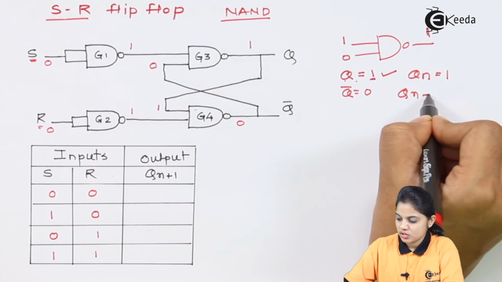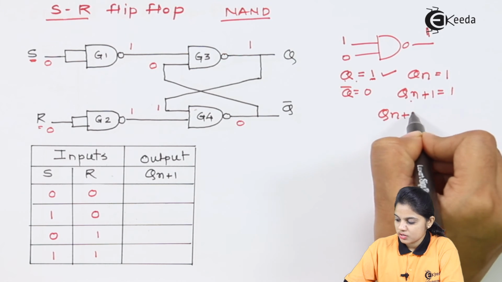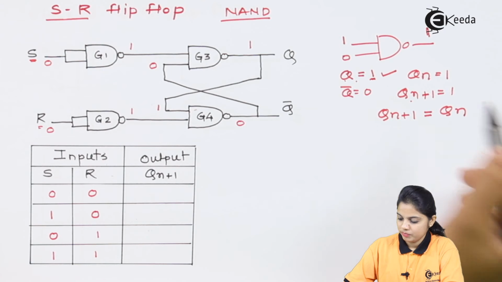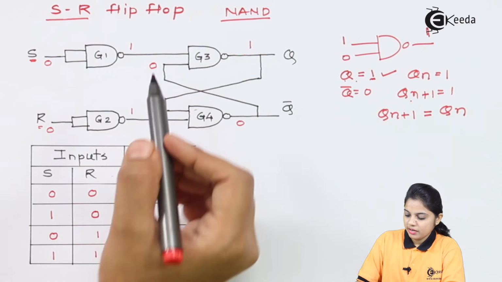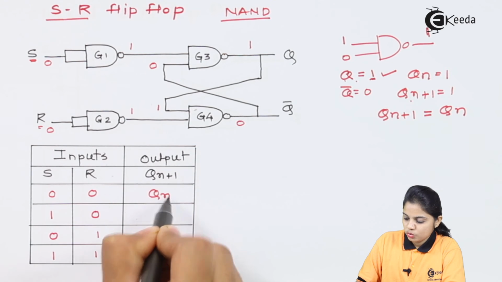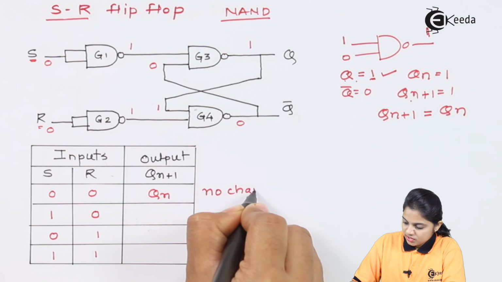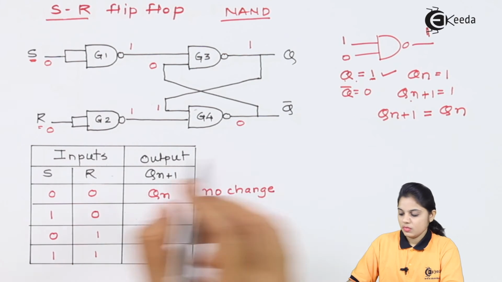So Qn plus 1 is also 1, that means Qn plus 1 is equal to Qn. So if the condition is 0 0, my output is equal to Qn. That means this condition is called the no change condition.